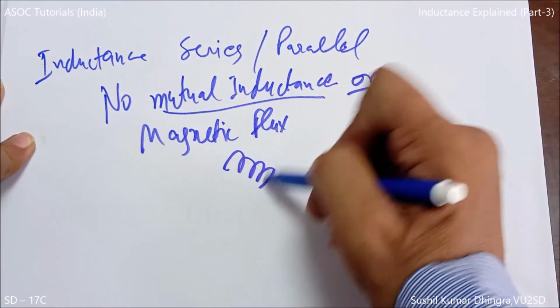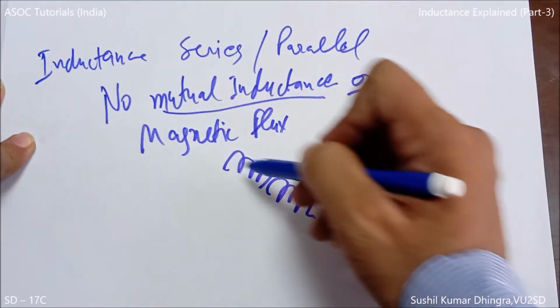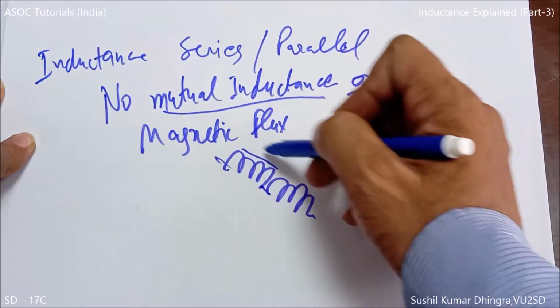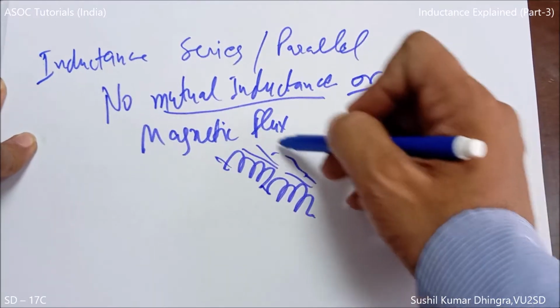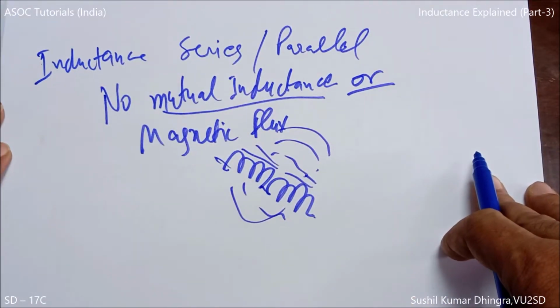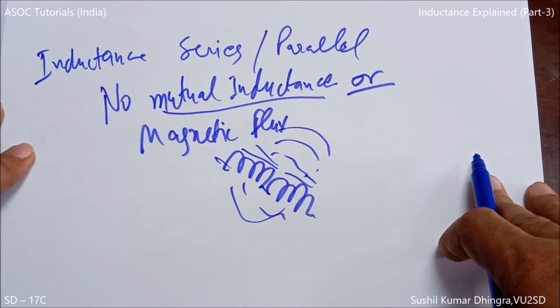So if we are calculating two inductances, just keep it in mind, they should not link with each other. Otherwise your formula calculation will change. You have to consider that also.